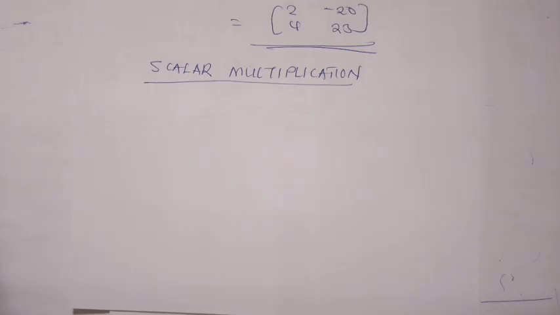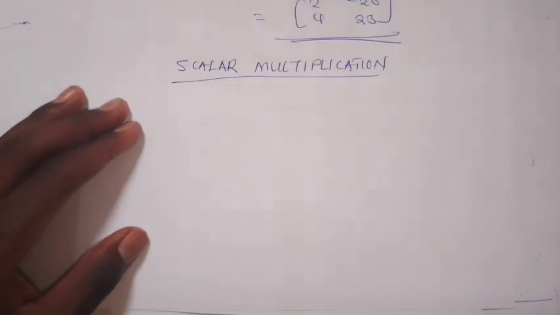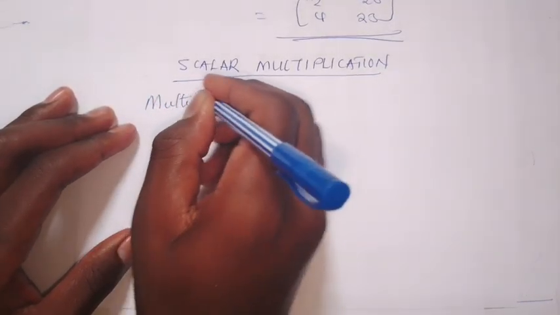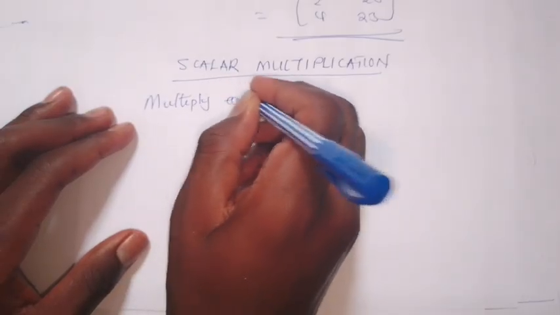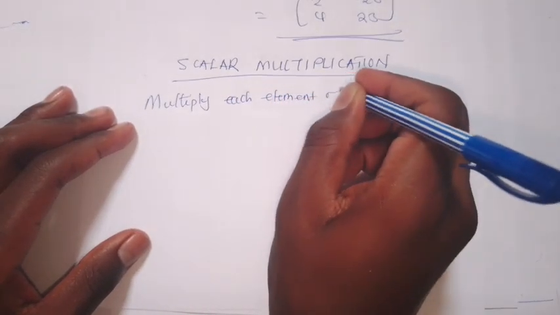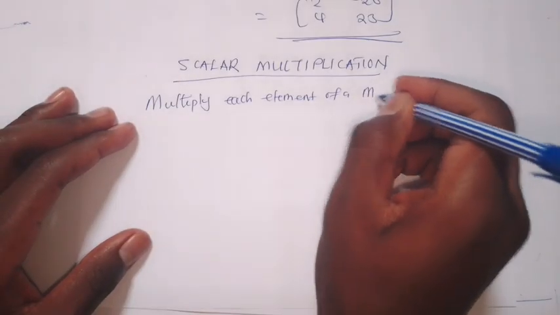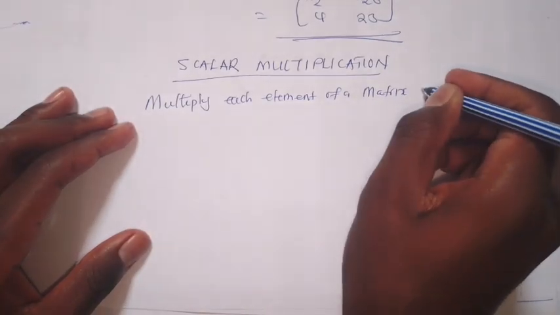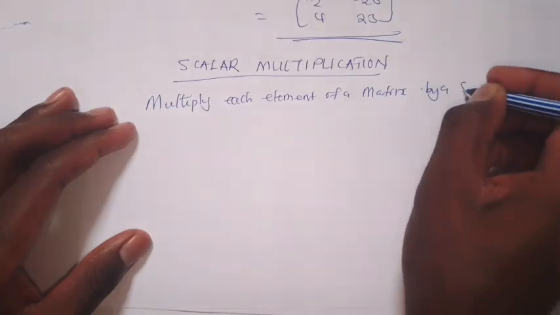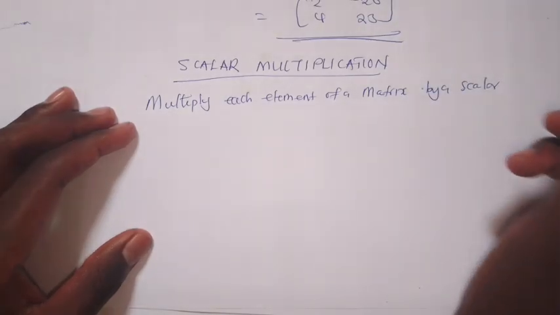So we multiply each element of the matrix by a scalar. A scalar is more like a number.